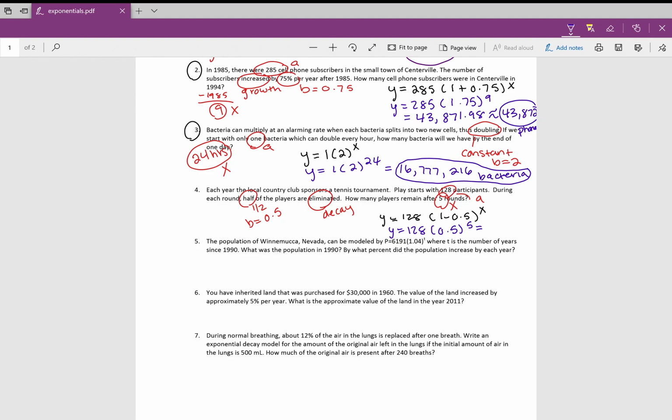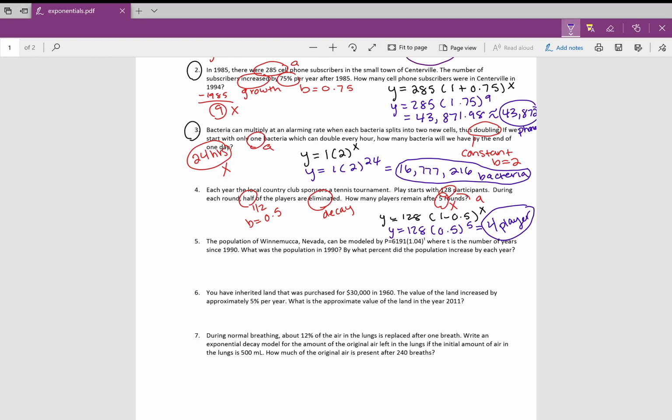So let's see how many players are left after all 5 rounds. I have 0.5 raised to the 5th power times 128, and I get 4. 4 players. So after 5 rounds, only 4 players are left. Okay, so that's what you should have got. Go ahead and work on number 5.